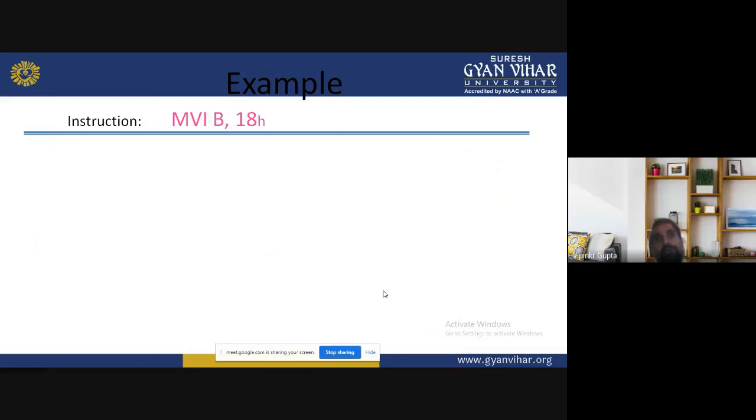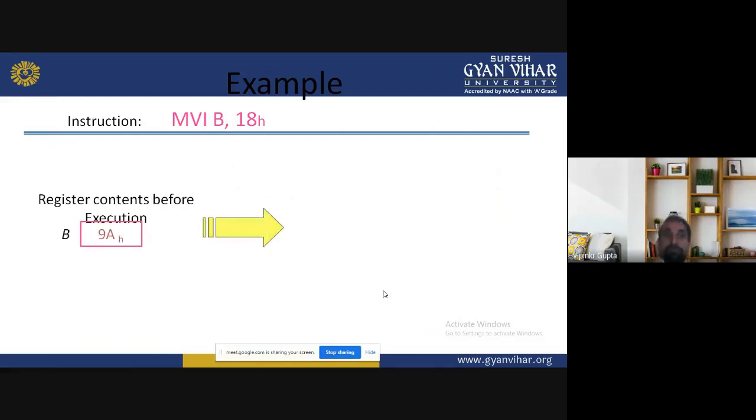Move immediate B comma 18H. What happens in this instruction? Data is directly given and that data is transferred to the B register. Immediate means the data is given directly after the instruction; when I is there, the data is within the instruction.